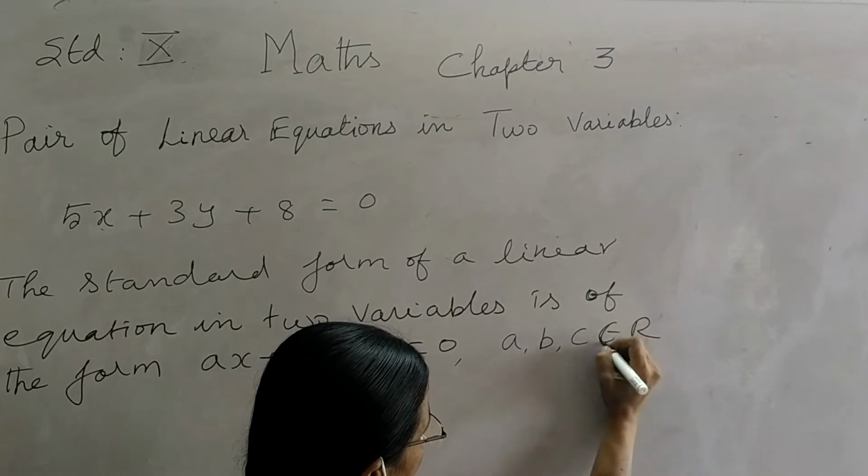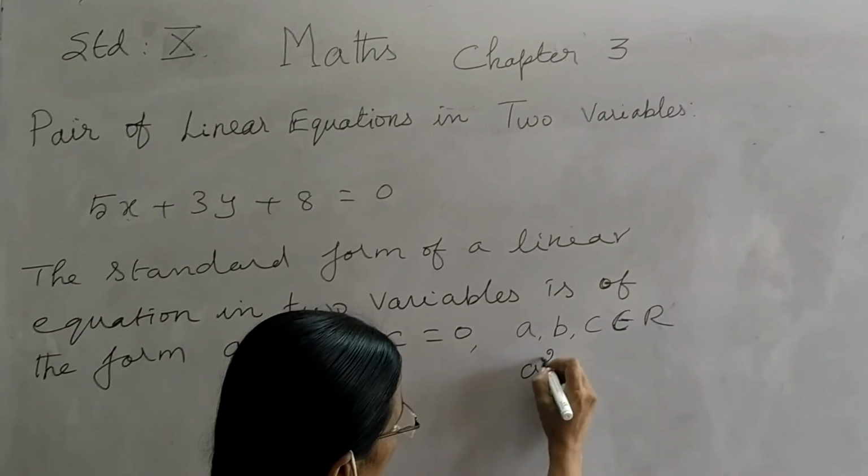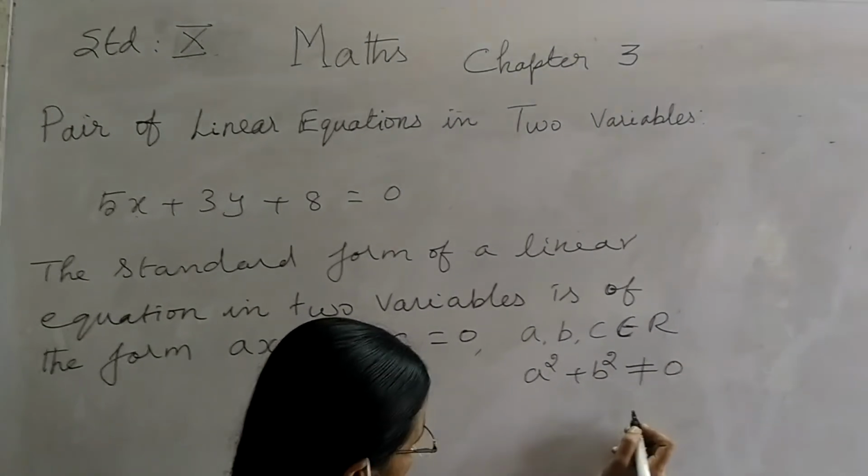We know what are real numbers. So this a, b, c are real numbers, and a square plus b square is not equal to 0.